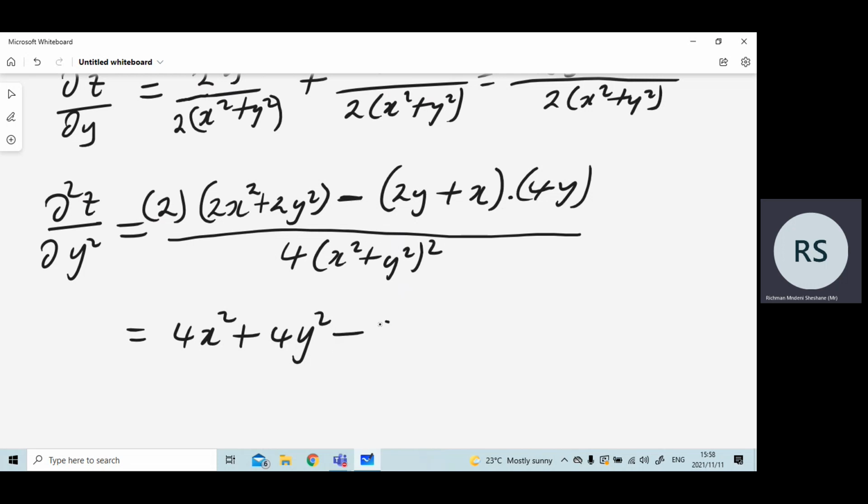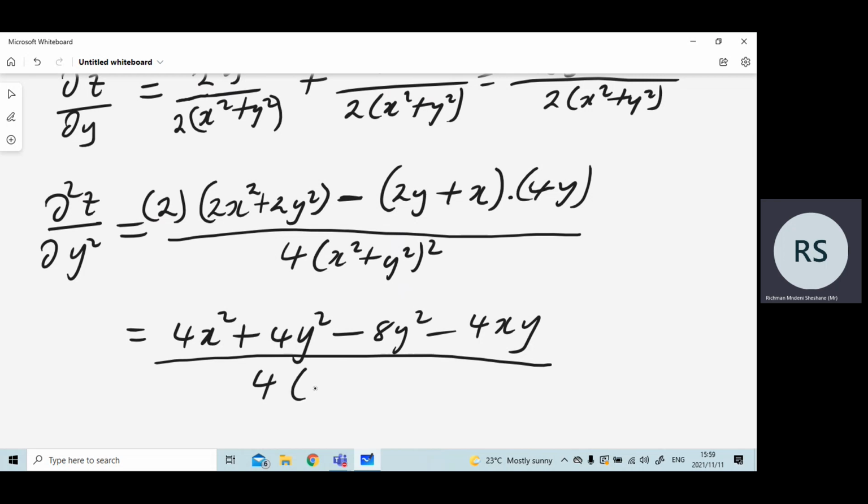So I will have minus 8y squared, and then minus 4xy, all over a denominator, which is 4 times x squared plus y squared, squared.